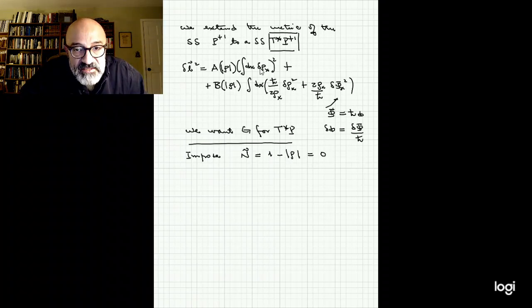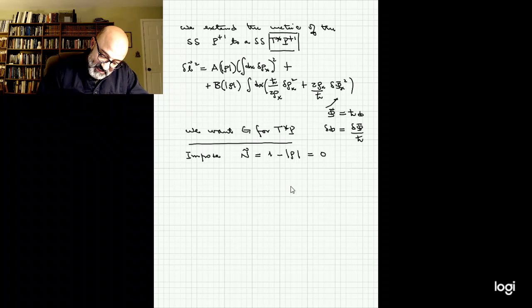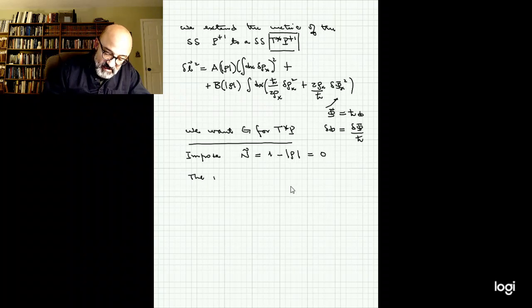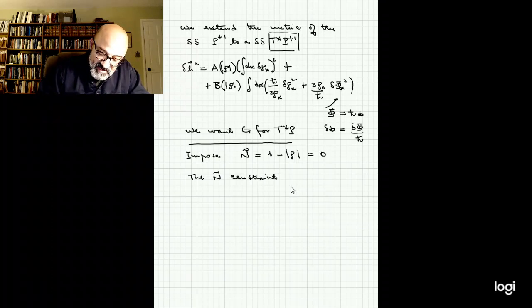When we do that, the first piece here disappears. Furthermore, recall how the normalization constraint, or rather the N functional, induces a flow.